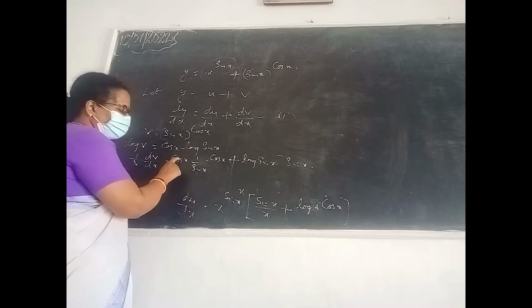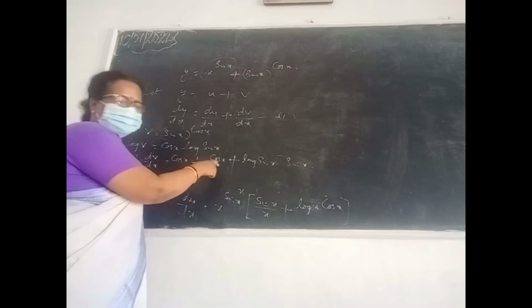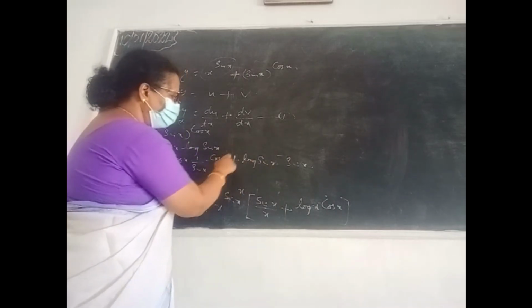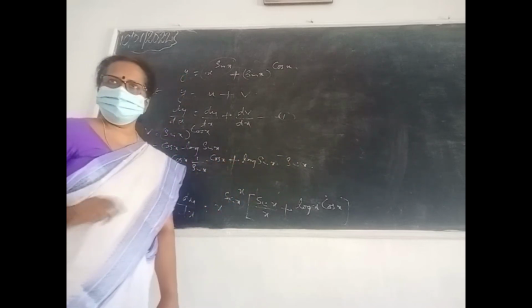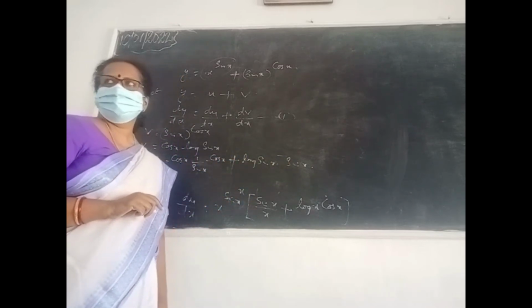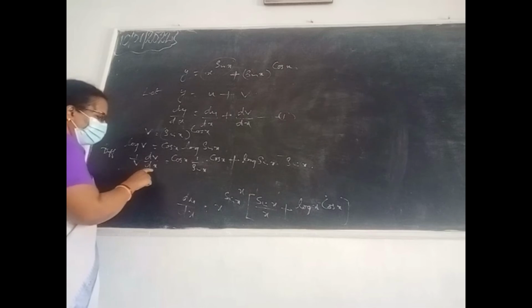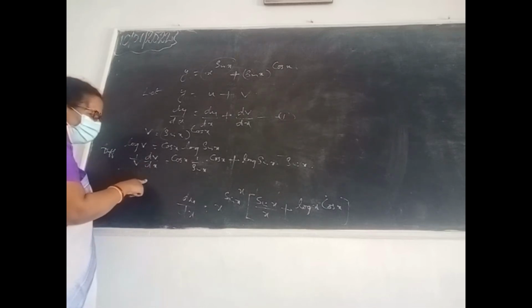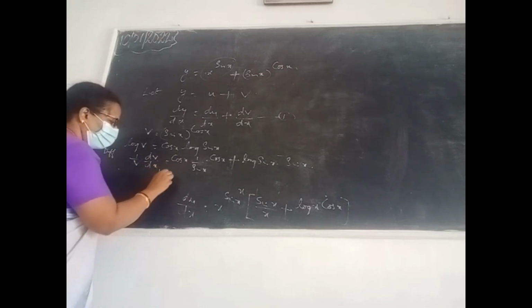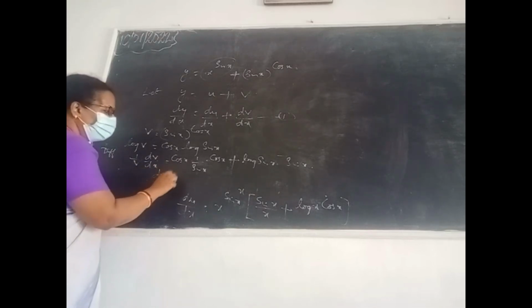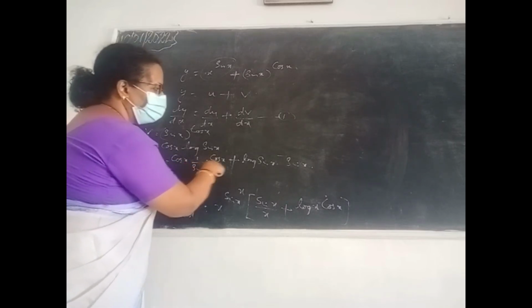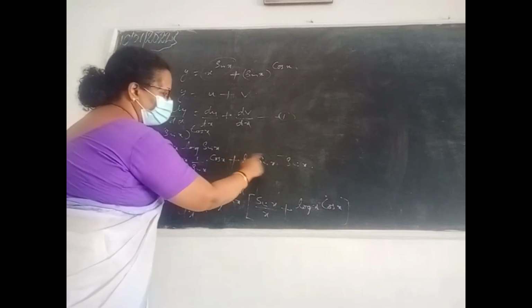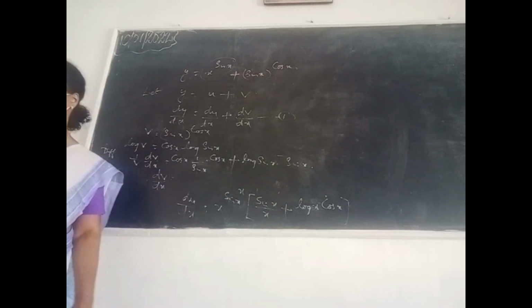So I am writing it as cot x cos x minus sin x log sin x. So dv by dx equals v into cot x cos x minus sin x log sin x.